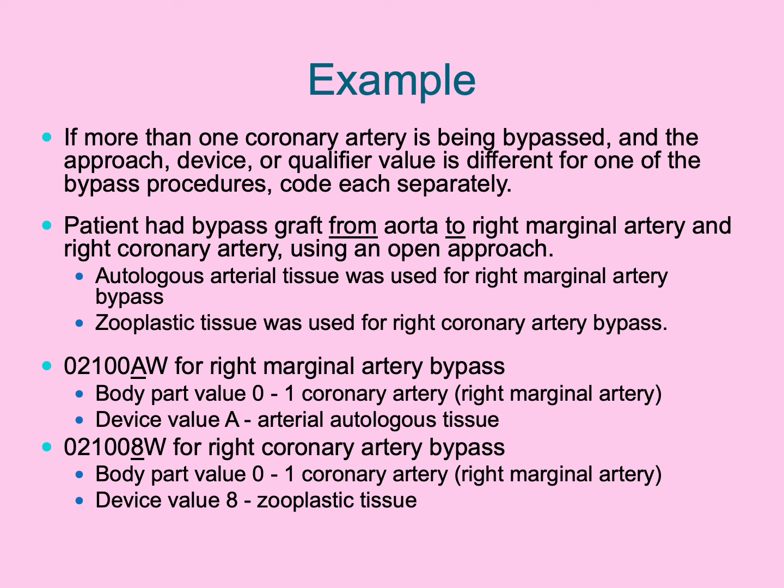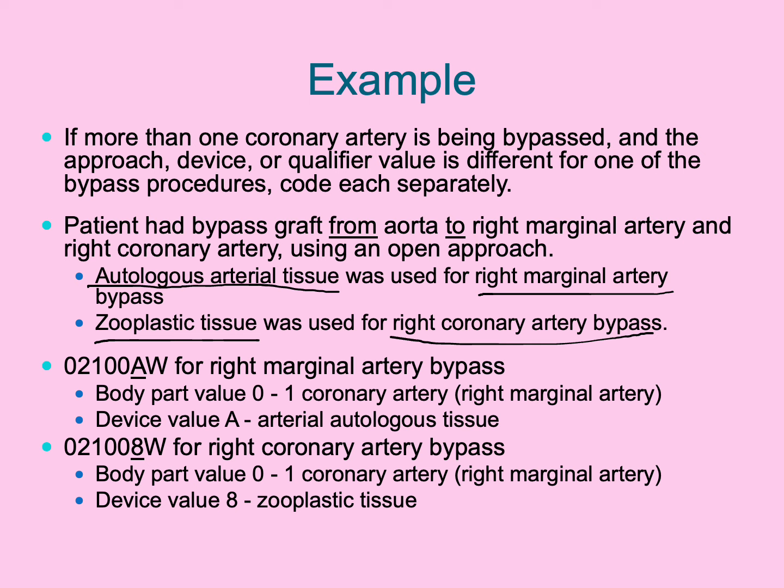However, the right marginal artery bypass used autologous arterial tissue. The right coronary artery used zooplastic tissue. Okay, so the device character is going to be different. So in this case, you code each differently. One artery for each. So 0, 2, 1.